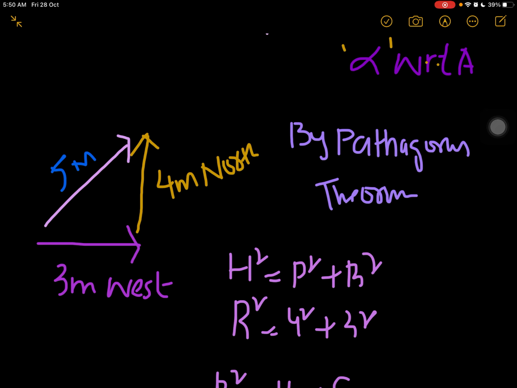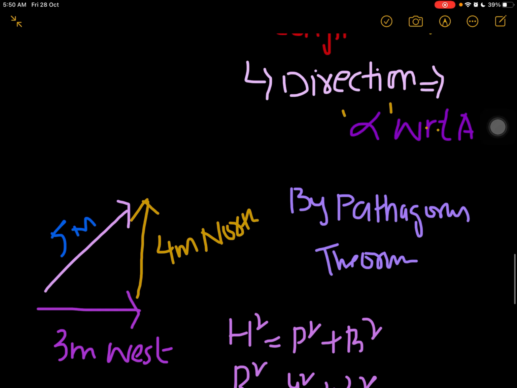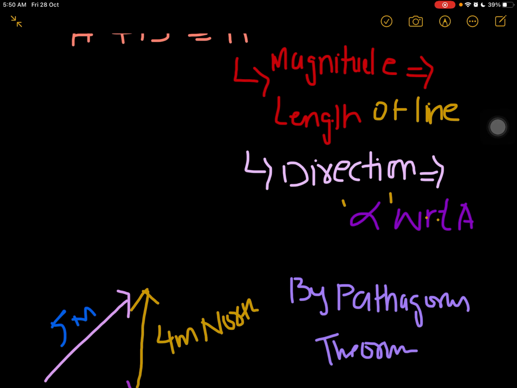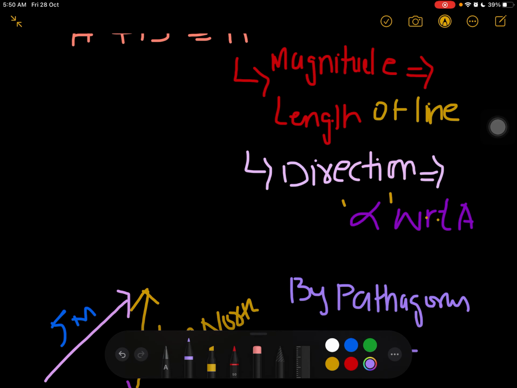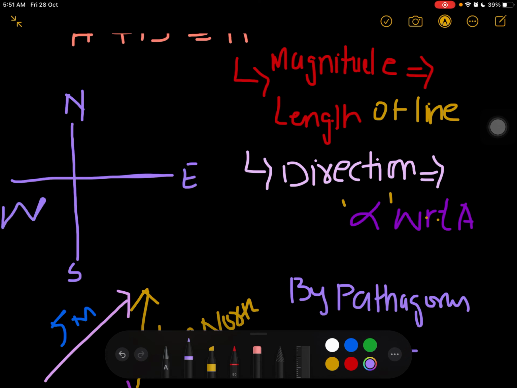Now, in which direction? So let's first of all make the directions, which will be like this: north, south, east, west. So the triangle is over here, and it is moving like this, right? So it is north of east. Basically it is east of north.